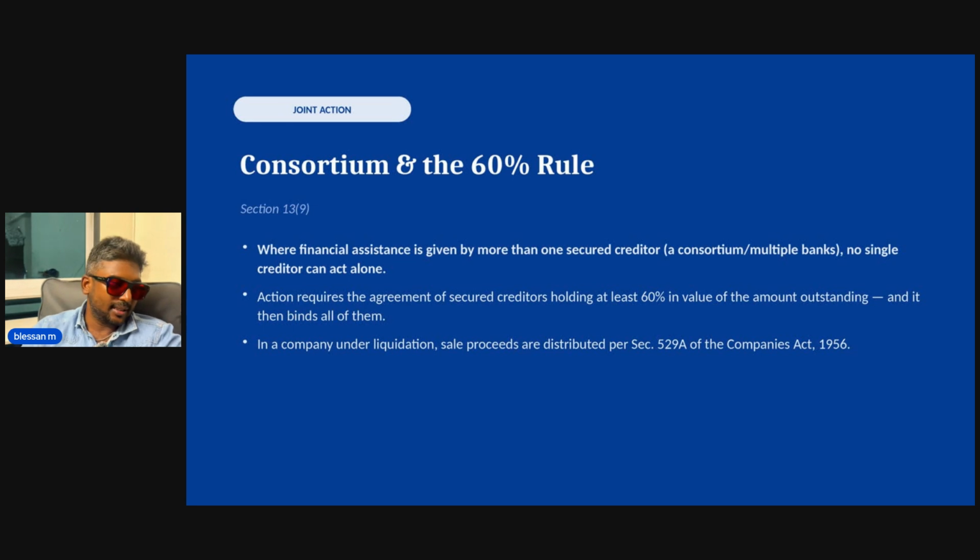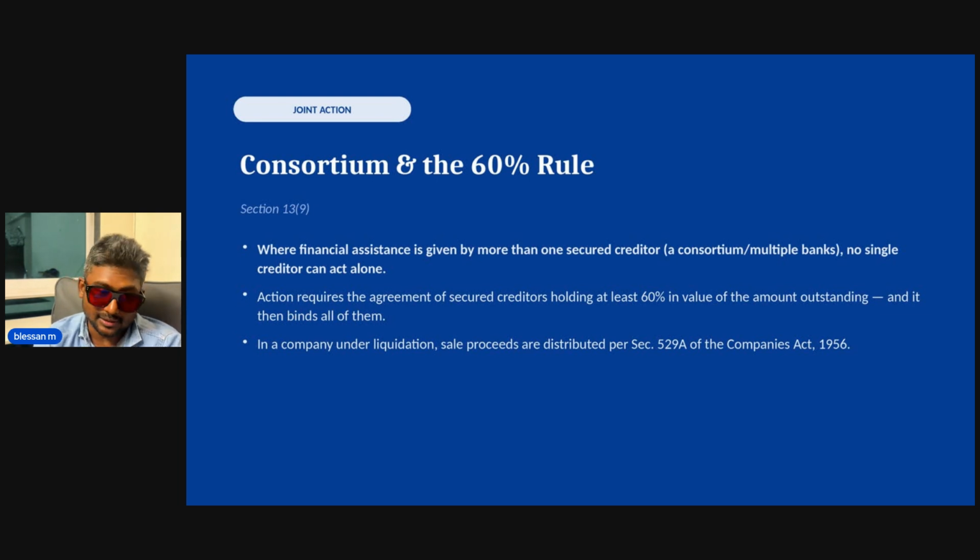And this is another important rule that you can remember, the consortium and the 60% rule. When financial assistance is given by more than one secured creditor, no single secured creditor can act alone, and the majority consensus is 60 percent. Remember, the consensus is 60 percent, and you can always compare and contrast it with the IBC, where there is a committee of creditors.